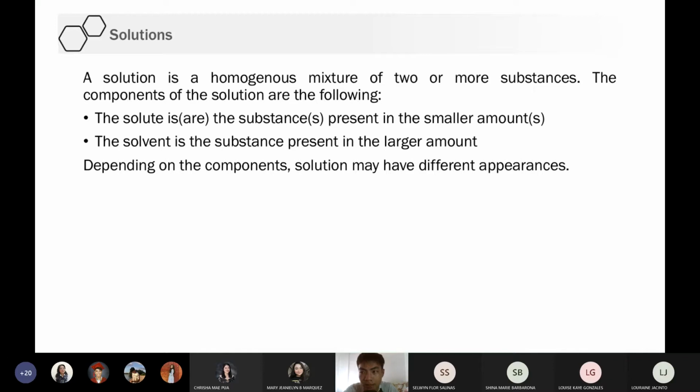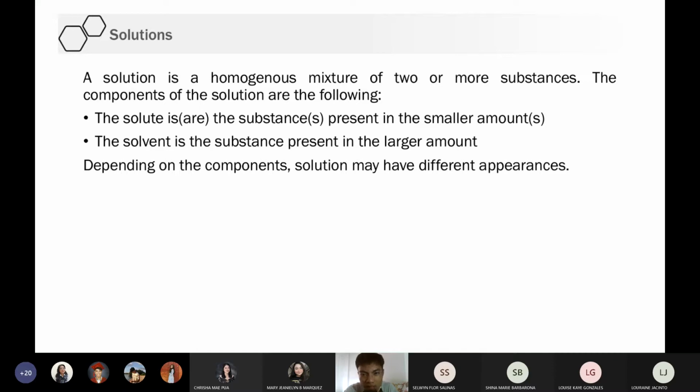For example, iced tea. Let's say you had lunch and you drank iced tea. The iced tea, that is a solution. So what are the components of iced tea? Of course, there is water. Let's say 2 liters of water or 1 liter of water, di ba? And then what do you do with the water? You put iced tea powder, di ba? At least one sachet.